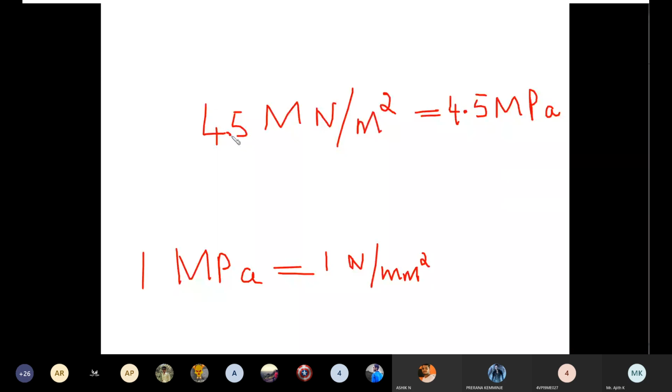So this 4.5 mega Newton per meter square will become 4.5 Newton per mm square. It's one and the same. And if you want to know how you got this: mega means 10 to the power 6. Converting meter square to mm square is again 10 to the power 6. So 10 to the power 6 and 10 to the power 6 will cancel, and you'll be left with 4.5 Newton per mm square.